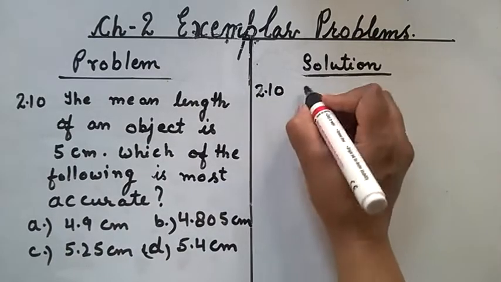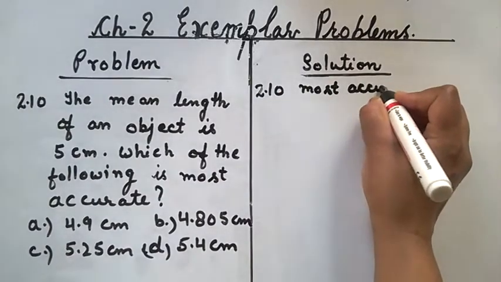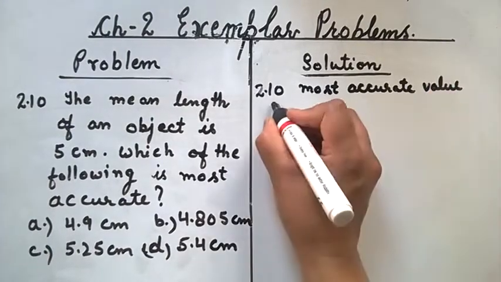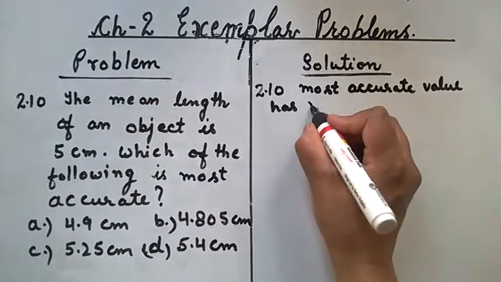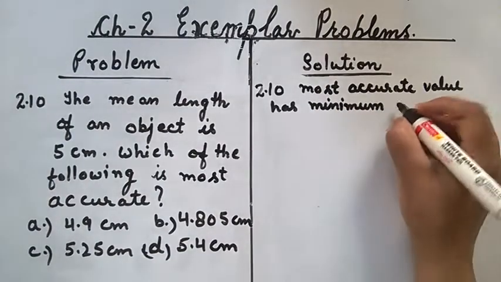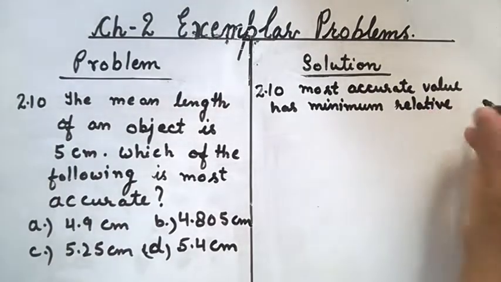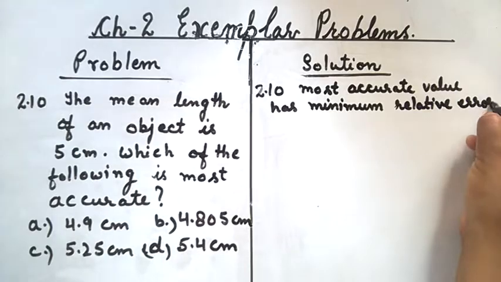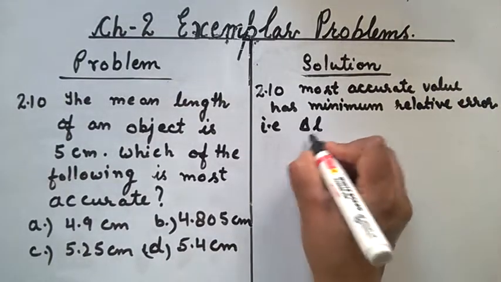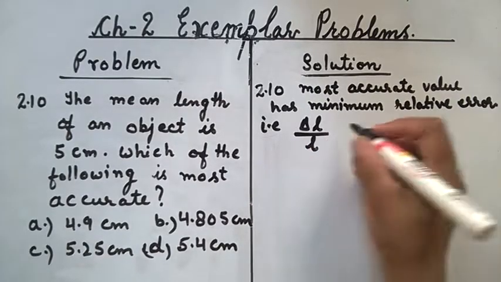Thus, the most accurate value has minimum relative error, that is, change in L upon original length.